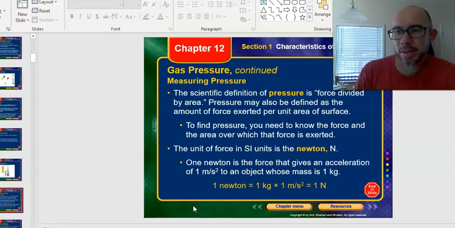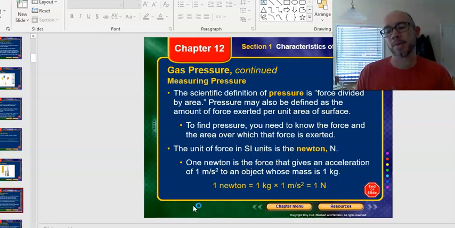With bicycle tires, it's usually pounds per square inch, or PSI. You also have pascals, or atmospheres, or in English engineering, the torr.